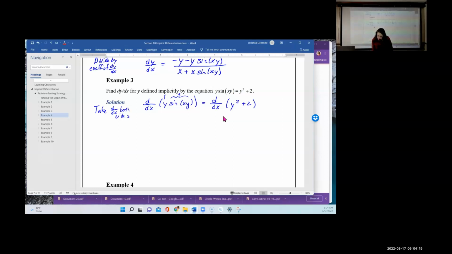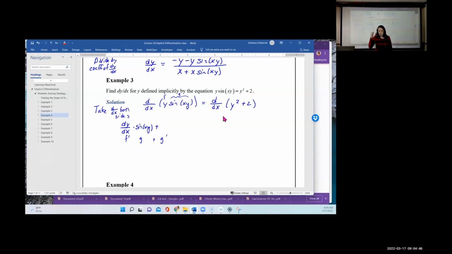So we're going to have f prime and g. f prime, the derivative of y, is 1 dy dx, times sine of xy. So this is my f prime, and this is my g, plus, and now I need to do g prime. Oops, I should have written that below and not in that space. So g prime is going to be the derivative of sine of xy.